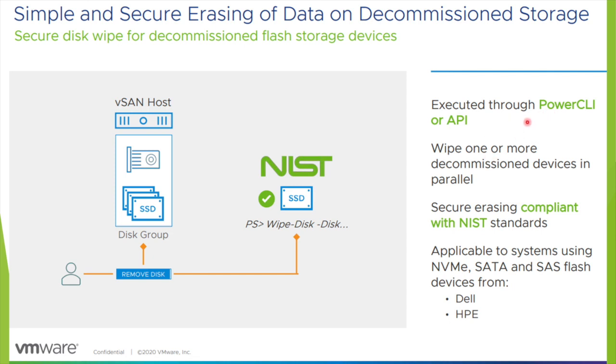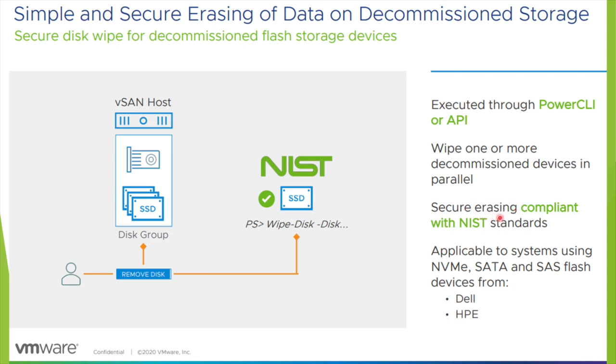They have now given two methods to do the wipe. One is PowerCLI and the second one is API. I guess most system administrators will be using PowerCLI, which is going to be easier and more approachable for most of them. So once you remove a disk which is no longer required, you can use PowerCLI and wipe the disk. Simple as that. Wipe one or more disks, decommission devices in parallel. So obviously if you are decommissioning a bunch of disks, you can do multiple at a time.